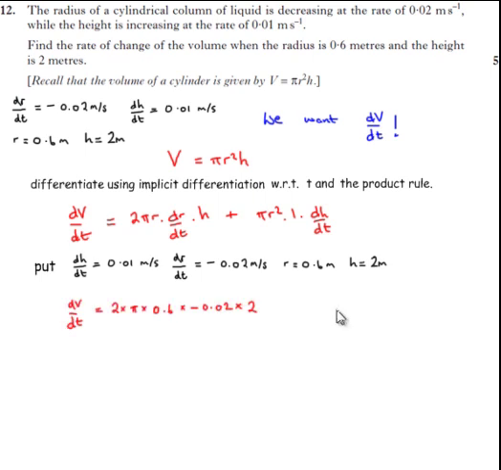So dv by dt is equal to 2 times pi times 0.6 times negative 0.02 times 2, plus pi r squared, so that's pi times 0.6 squared times 1 times dh by dt, which is 0.01.